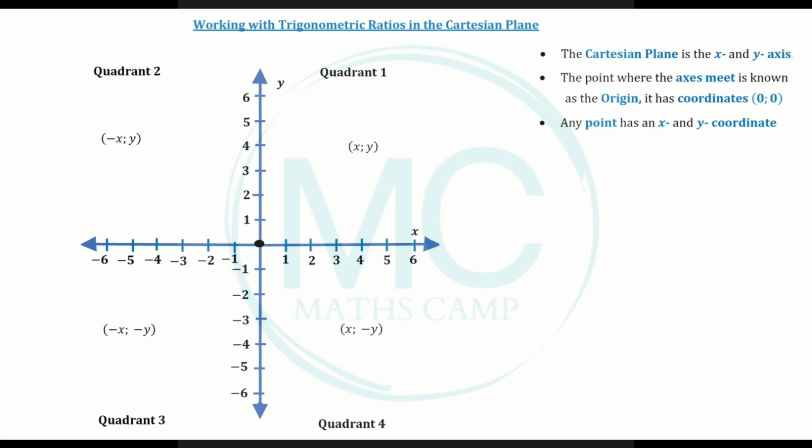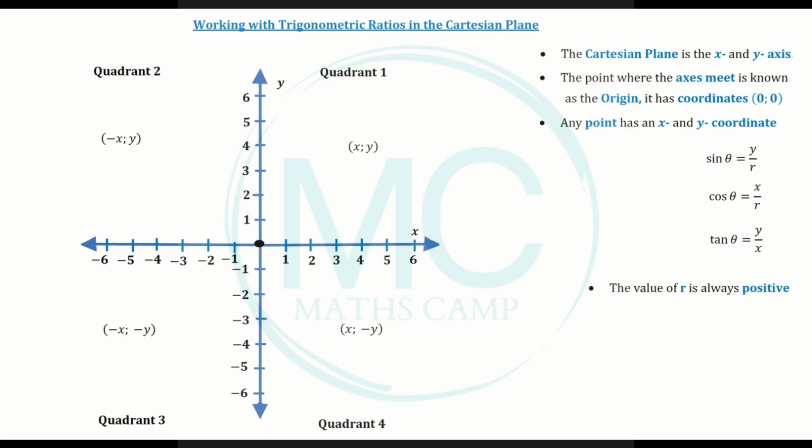In our previous video, we said that when working with trigonometric ratios in the Cartesian plane, sine theta is equal to y over r, cos theta is equal to x over r, and tan theta is equal to y over x, where x and y are the coordinates of a given point.